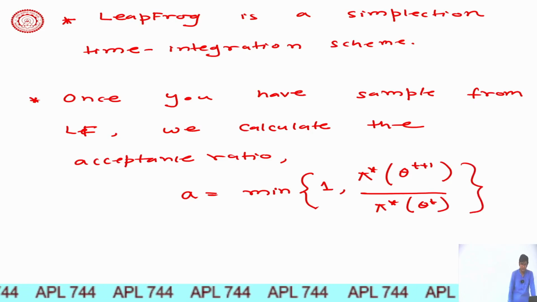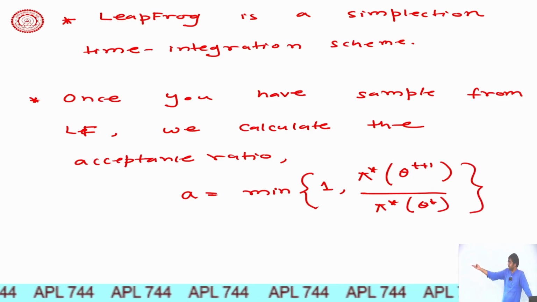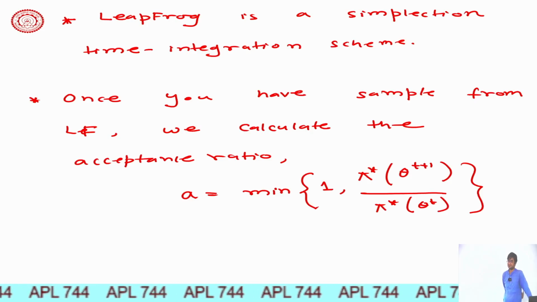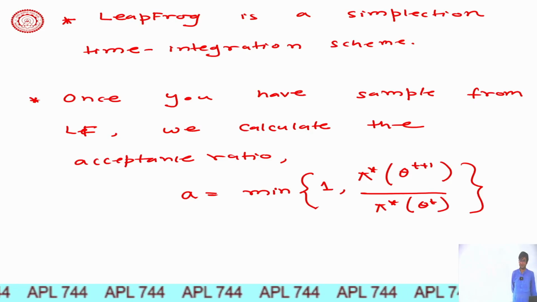Okay. And I am telling you that this is the Metropolis acceptance ratio. The Hastings part is missing. Why? How?